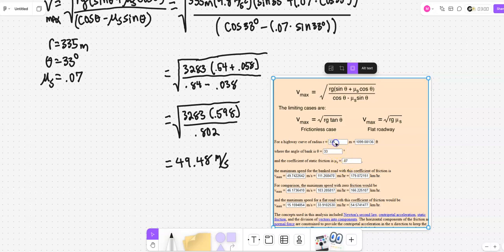And make sure I entered 335 and 33 and 0.07. I did take some rounding liberties. Yeah, I'm pleased with that.